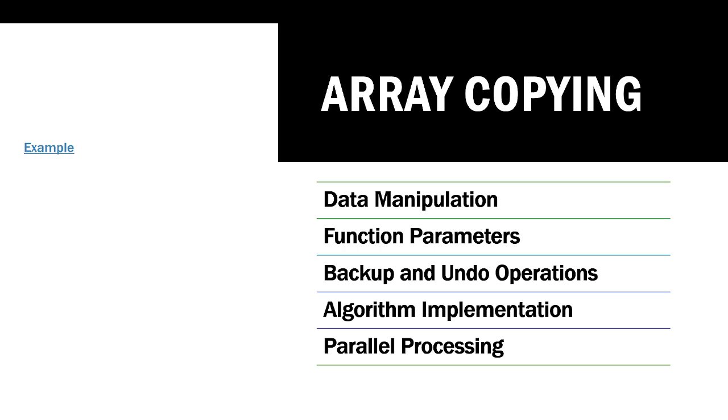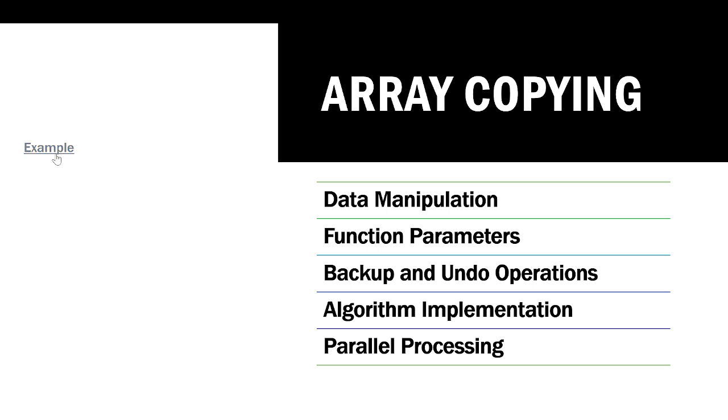Array copying is very crucial when you want to create a duplicate or a backup of an existing array without altering the original data. It ensures that the content of the source array is replicated in a new array, allowing for independent manipulation or analysis of the duplicated data. This operation is fundamental for various programming tasks where the preservation of array content is necessary.